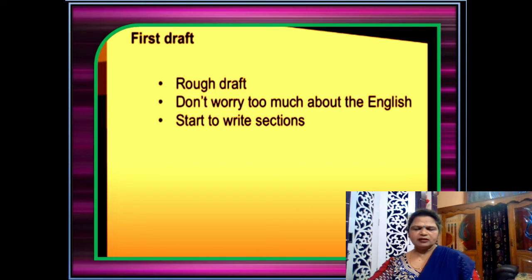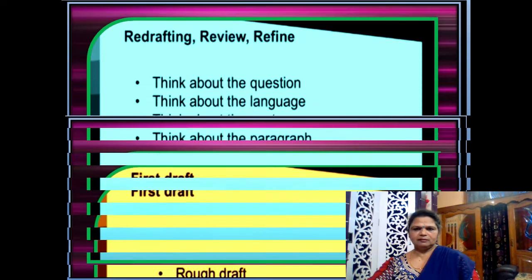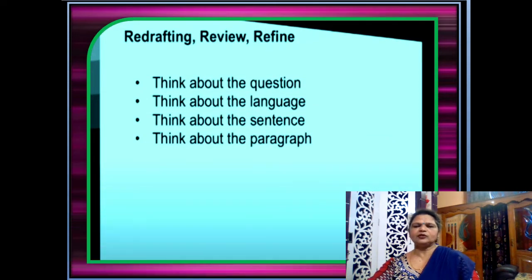Then the next step will be redrafting. Once you have drafted in a rough manner, you have to review it, and then redraft in a refined manner. Think about the question. Now you have to think about the language. It must be accurate. Think about the sentence formation. There must be no mistake.